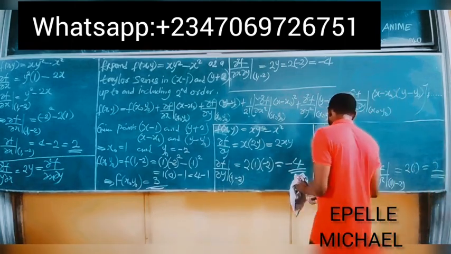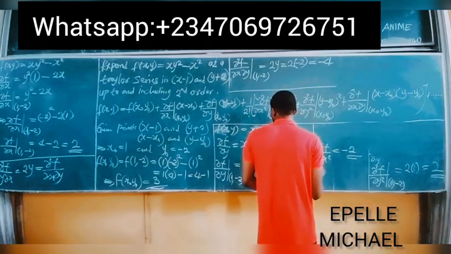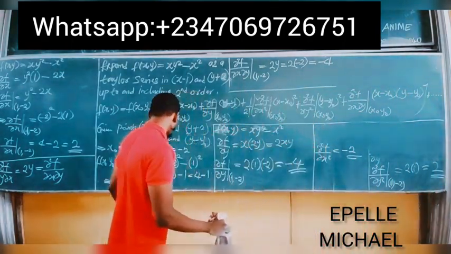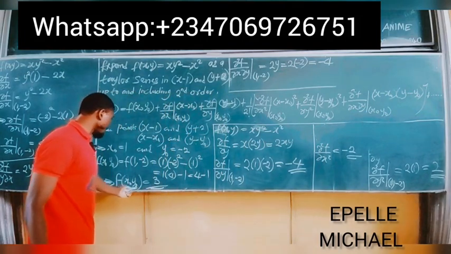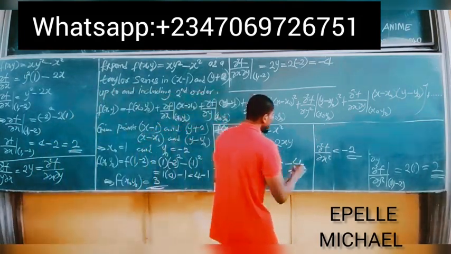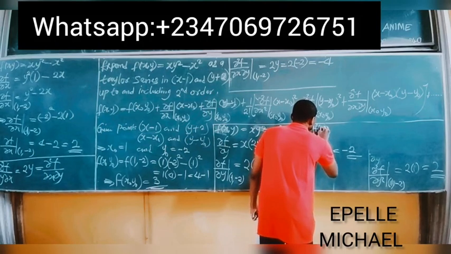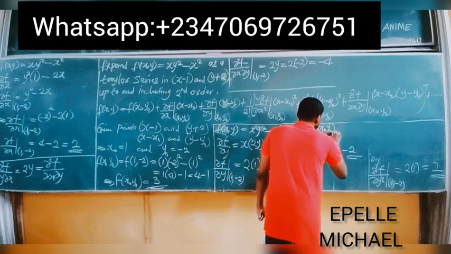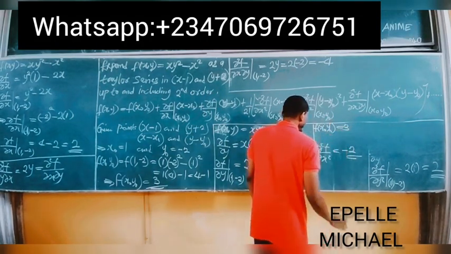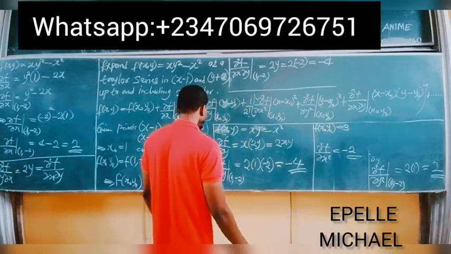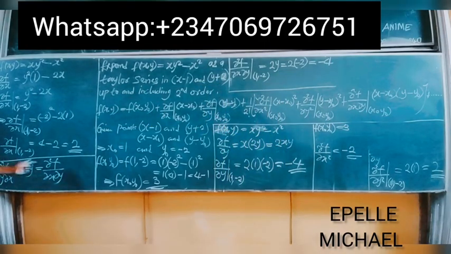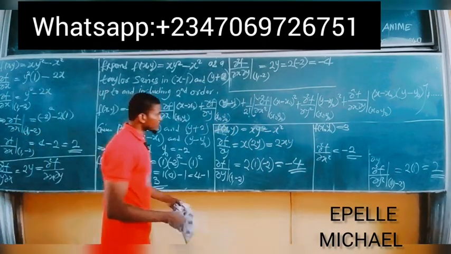All right. So first, I obtained f(x naught, y naught) as 3. So simply f(x naught, y naught) was given as 3. Next, I obtained partial f partial x at that point as simply 2. So let's put it down here.